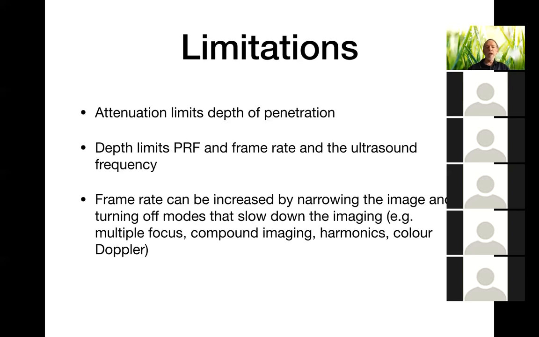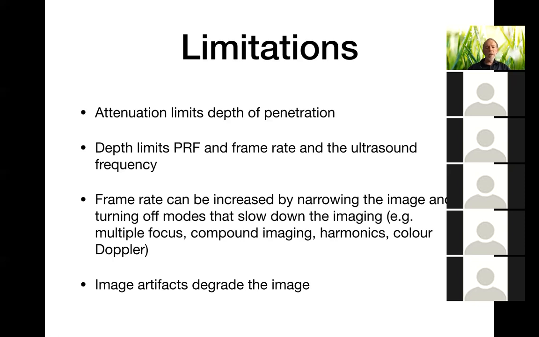Harmonics, for example, halves the frame rate approximately. Compound scanning slows the effective frame rate very dramatically. So if you're having trouble with frame rate, you turn off those modes as much as you possibly can. And you'll see that the frame rate will gradually increase as you get rid of extraneous functions.